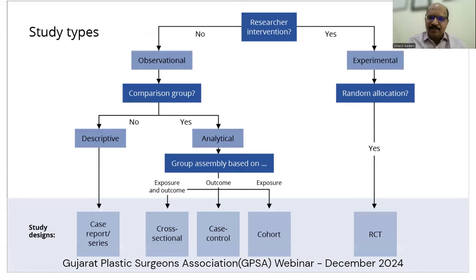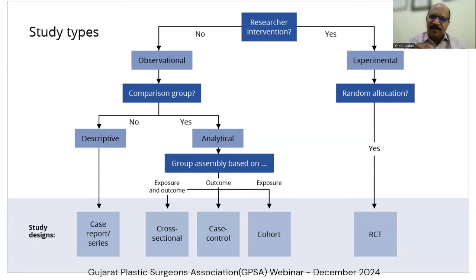Now, if you look at the study types, there are basically two types. These are analytical studies, what we call, because we are trying to analyze two different groups here. Now, if you are doing any intervention, for example, a change in the procedure, or if you're adding a procedure, or changing the intervention by changing the protocol, that becomes an experimental study.